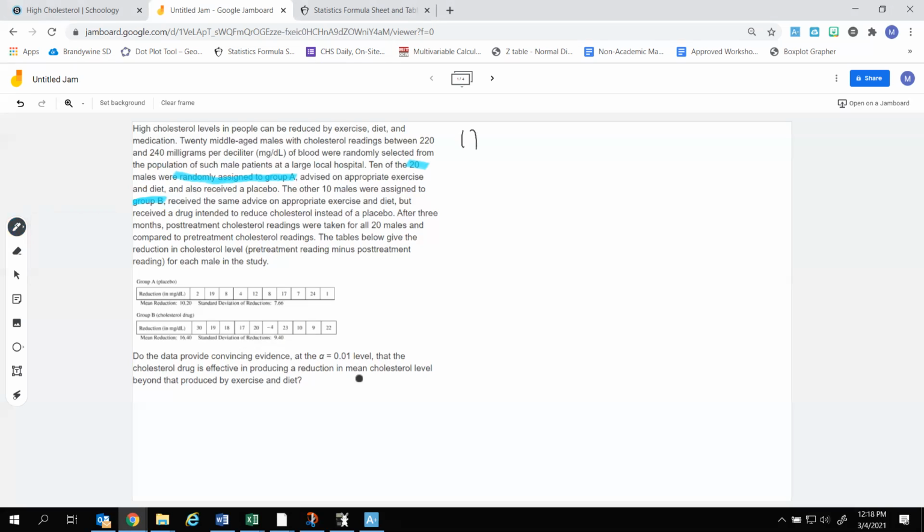So one, we have a null hypothesis. What we're looking at is cholesterol reduction, and we're checking to see, is it effective in producing a reduction? So we want to see if the treatment group has a greater reduction than the placebo group. The null: the average of the drug group is the same as the average of the placebo group. The alternate: we're looking to see if the mean reduction in the drug group is greater than the mean in the placebo group.